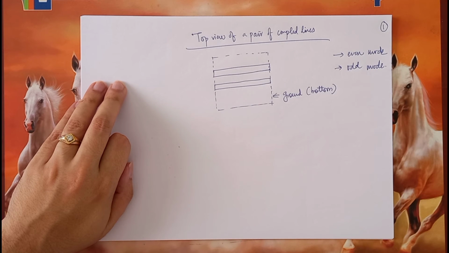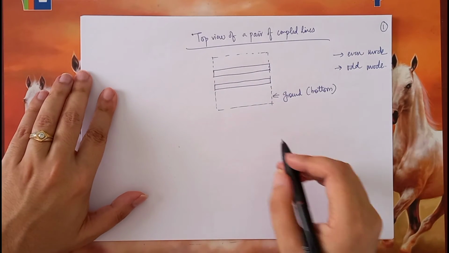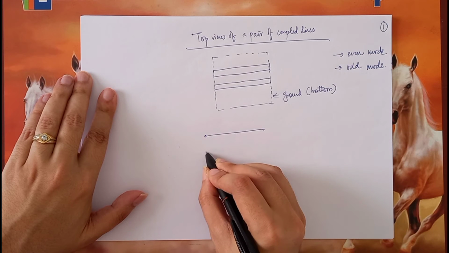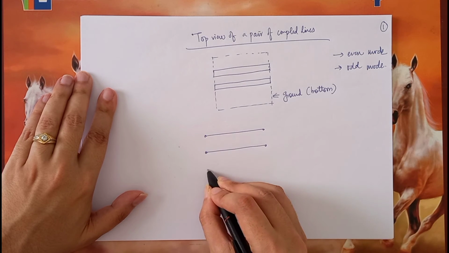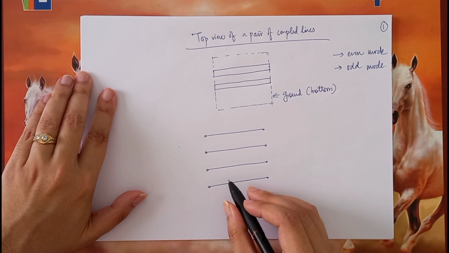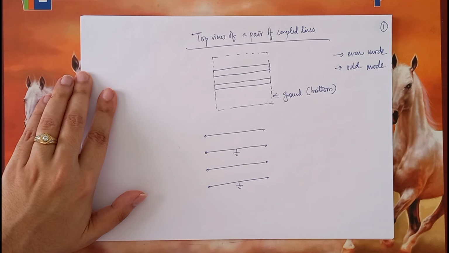Essentially, to draw this in an electrical equivalent, let us say there are two transmission lines. This is line 1, the other is line 2. Let us say, without loss of generality, that the bottom conductor is ground. So essentially these are two transmission lines which are kept close to each other.